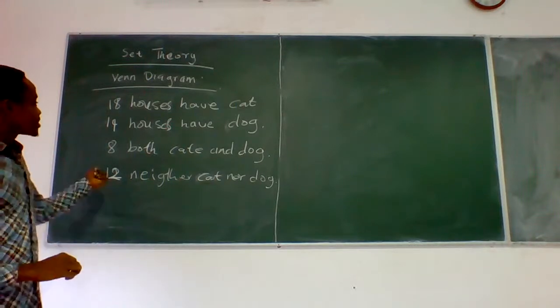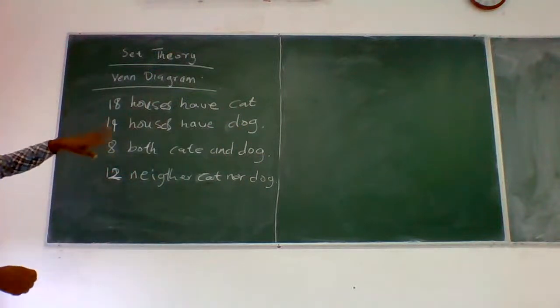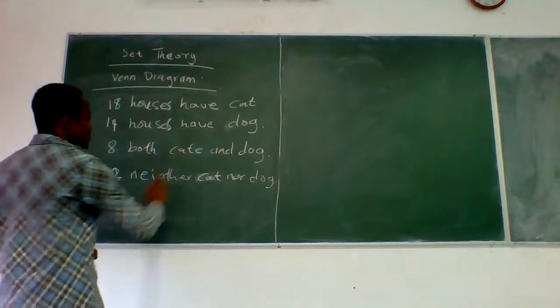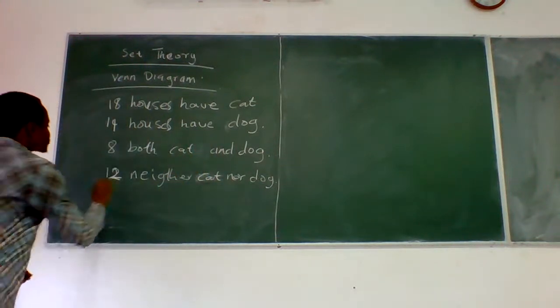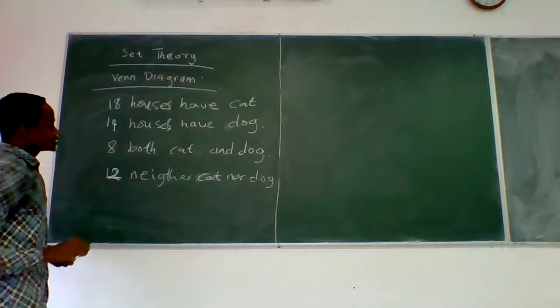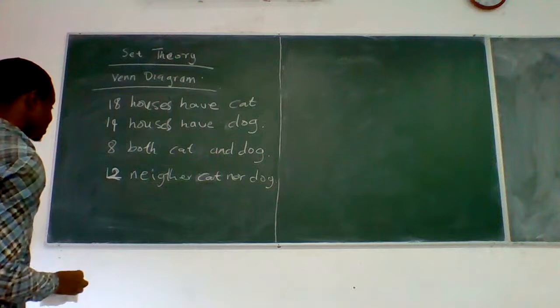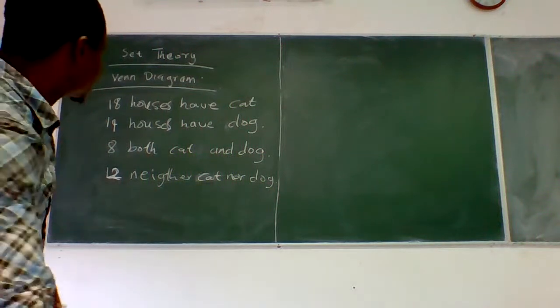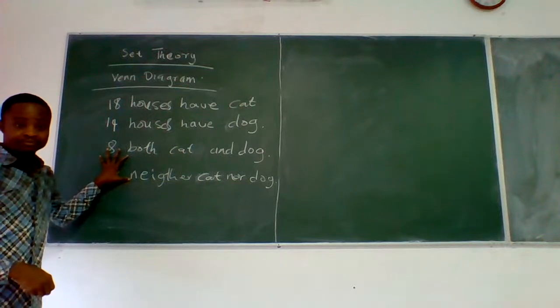So the problem is: 18 houses have cats, 14 have dog, and 8 have both cats and dog. And 12 have neither of them. Okay, so let's try to represent this in a Venn diagram.